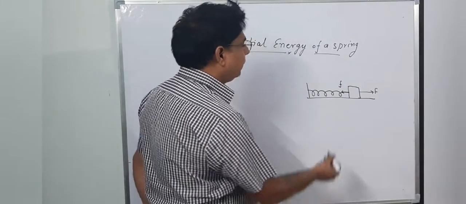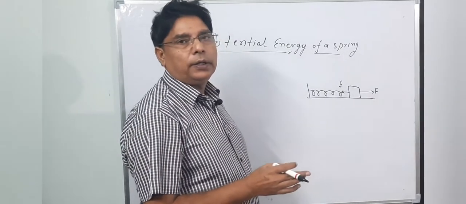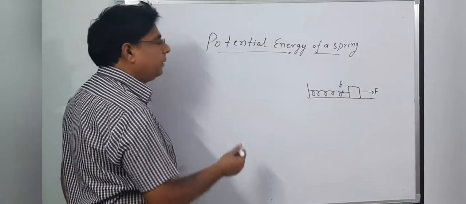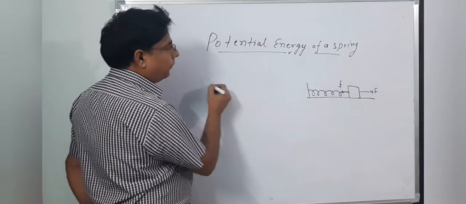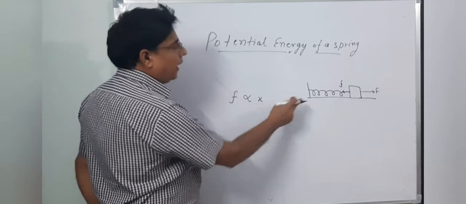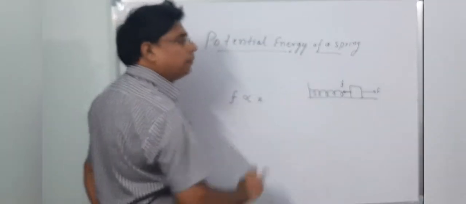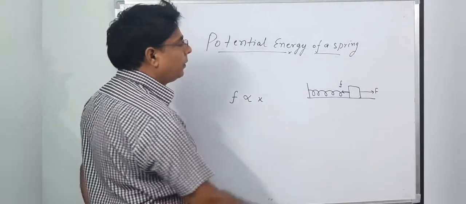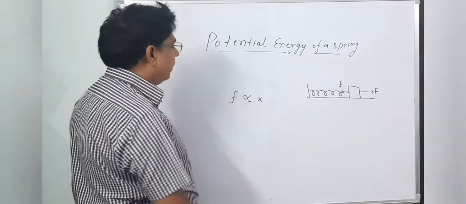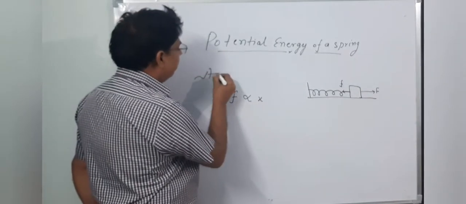According to Hooke's law, this restoring force depends on the extension or compression. When there is an extension in the spring, then this F is directly proportional to x. This force F is known as the restoring force because it tries to bring the spring to its original state or rest position.